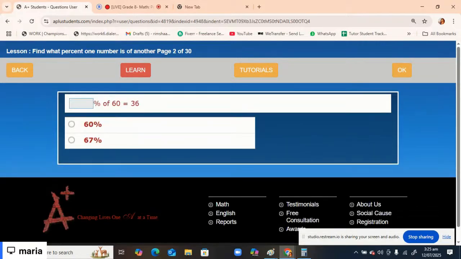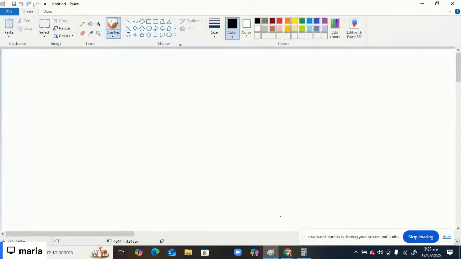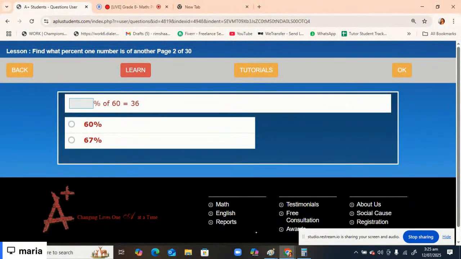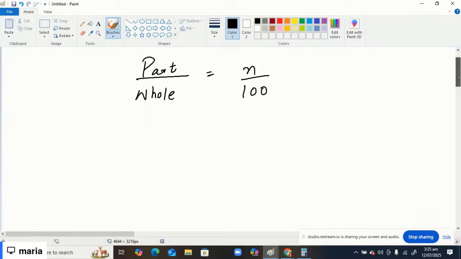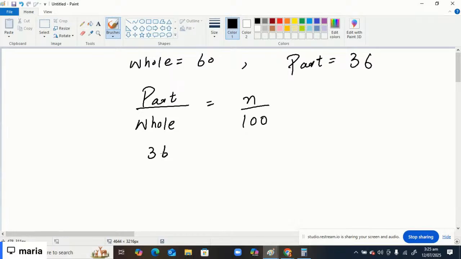Which percent of 60 is equal to 36? Whole is given, which is 60. Part is given, that is 36. Part over whole equals n over 100. 36 over 60 is equal to n over 100.